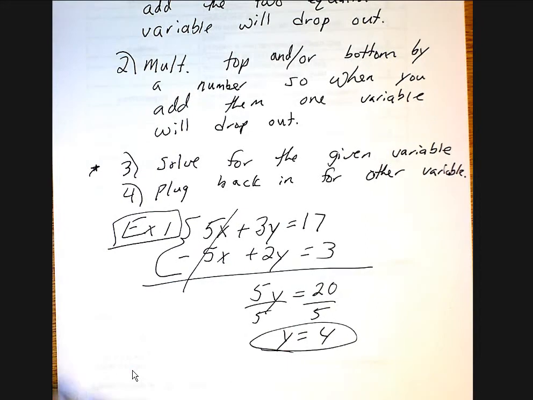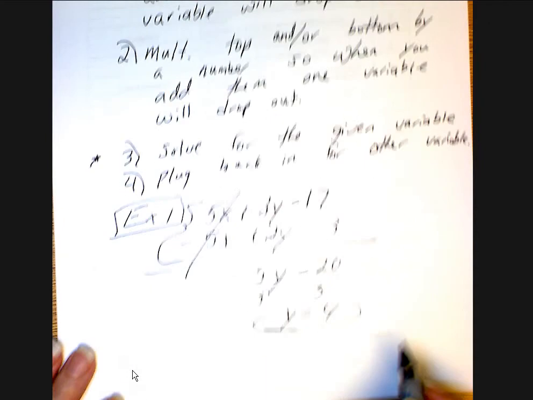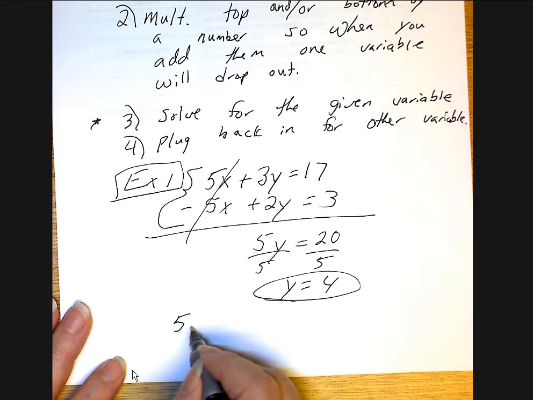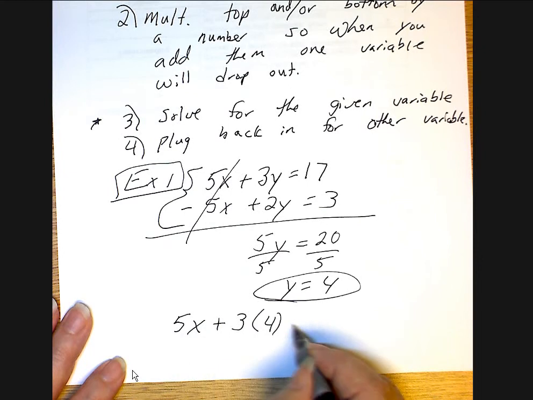Once you get y is 4, you have to figure out what x is by plugging them into the original equation. So I'm going to plug it into, it doesn't matter which one, but I'm going to do the top one. So I have 5x plus 3 times 4 is equal to 17.